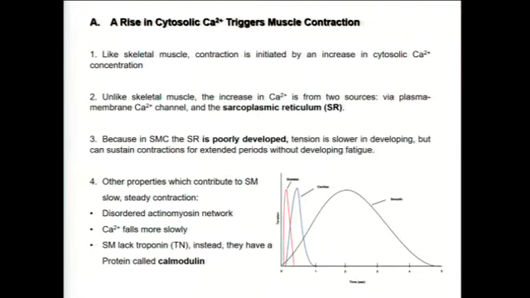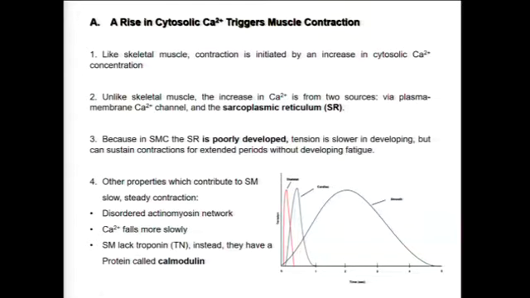In the cardiac myocytes, they're sitting right there. It's right on the sarcomere. It's almost instantaneous. In smooth muscle it's more poorly developed, more like another cell type. So tension's slower in developing. Because it's slower in developing, it takes longer to reduce that calcium as well, so it can maintain it for longer periods.